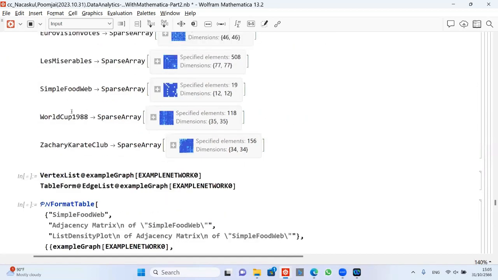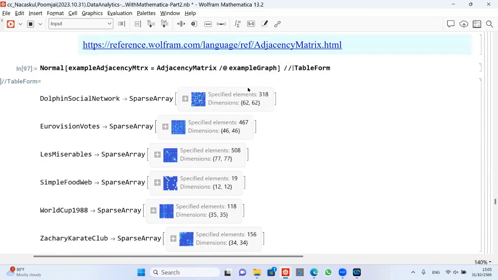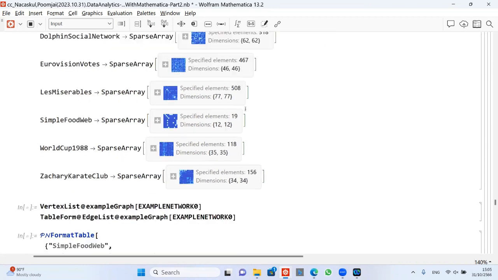Let's go to simple food web. See that? Dimension 12, 12. So that means it's got 12 vertices. So the matrix is 12 by 12. But how many elements are non-zero? 19. Okay. So obviously you can look at this. Now, if you look at this, this is pretty large, 62 by 62.